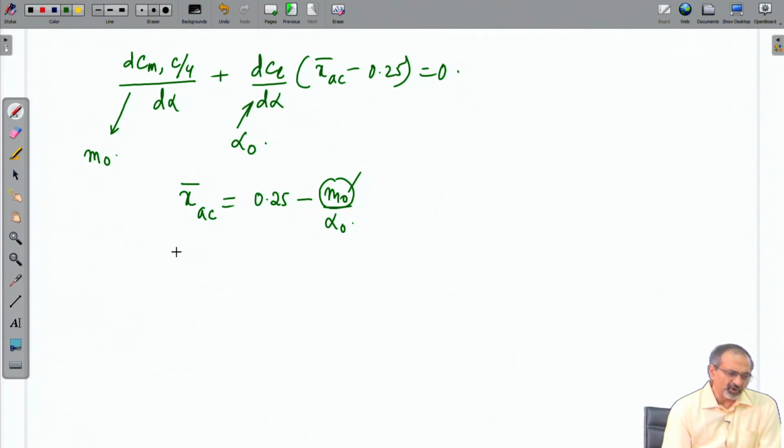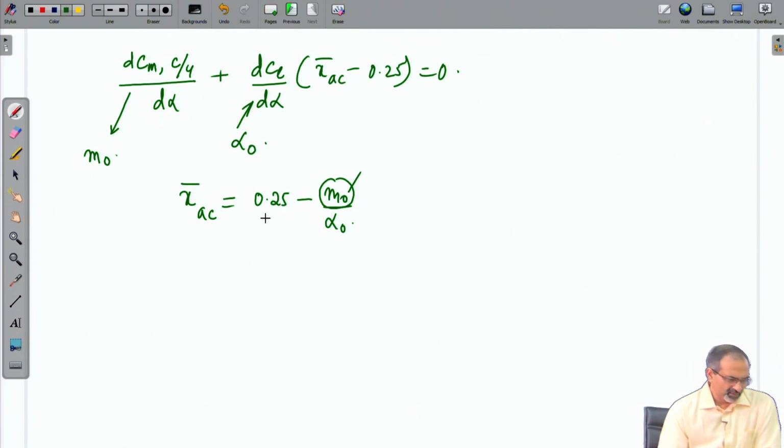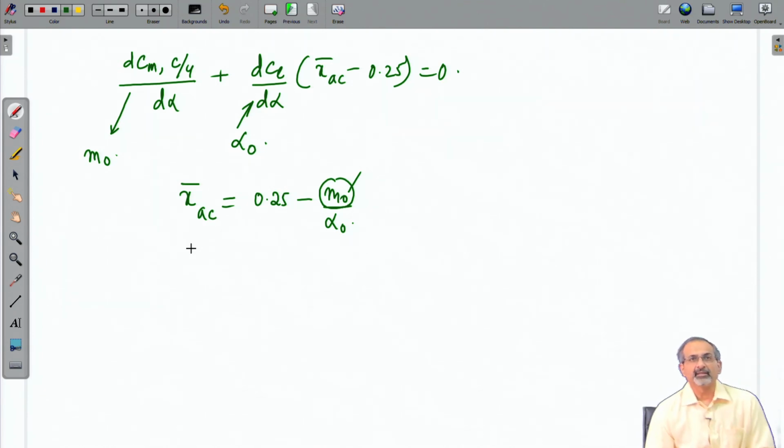Now, what is found is that if the airfoil thickness changes, so you have a basic camber line, but on that you are imposing different thicknesses, then the x bar a c will start deviating from this 0.25 gradually. Additionally, there is a special significance of this aerodynamic center for flight mechanics calculations, where you look at stability and control, and there it is particularly convenient to have a point about which the aerodynamic moment remains invariant with alpha.